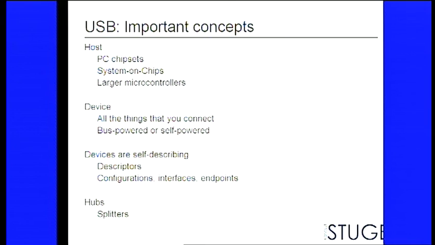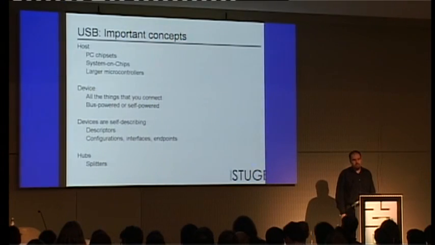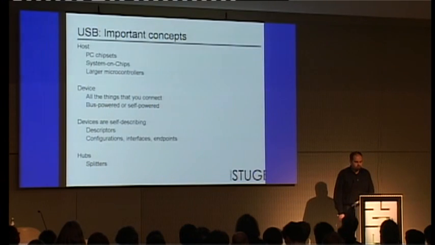But there are also USB hosts in systems on chips, either if you're designing your own system on chip, or in the Milky Mist that Sebastian has made, which has a USB host also, and it's also available in things like the OMAP processors, and larger microcontrollers as well.